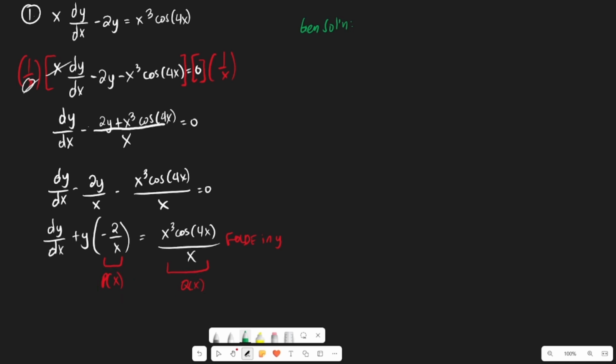In our case, we use phi, our integrating factor. So phi of x times y is equal to the integral of phi of x times q of x dx.